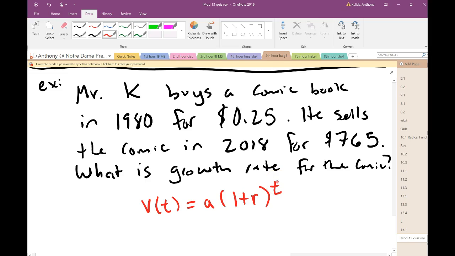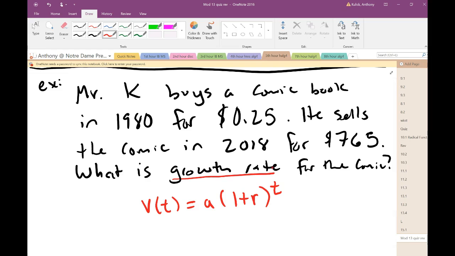Okay. Which value inside of the growth model are we going to be solving for? V of t, A, R, or T? R, right? Because what is it asking for? The growth rate. Okay, let's fill in the rest of the values then into my model.